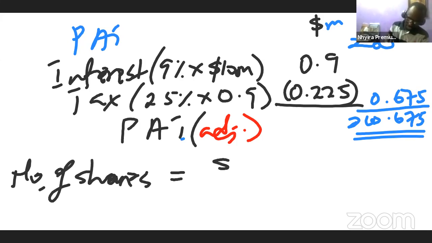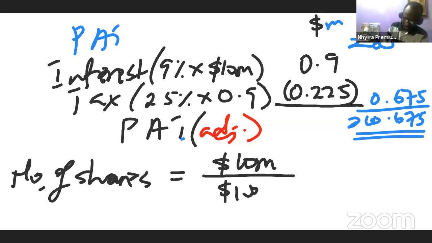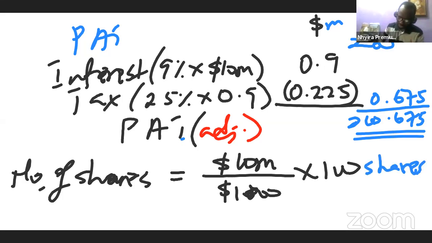Now remember, the nominal value of the bond is 10 million. So we divide that by $1,000 and multiply it by 100. Now the 100 we are multiplying here is 100 shares. It's very important for you to understand the clarity of it. Now, when you are punching here, you got to be careful. One is in million, one is in thousand. So you got to be careful with your punching here.